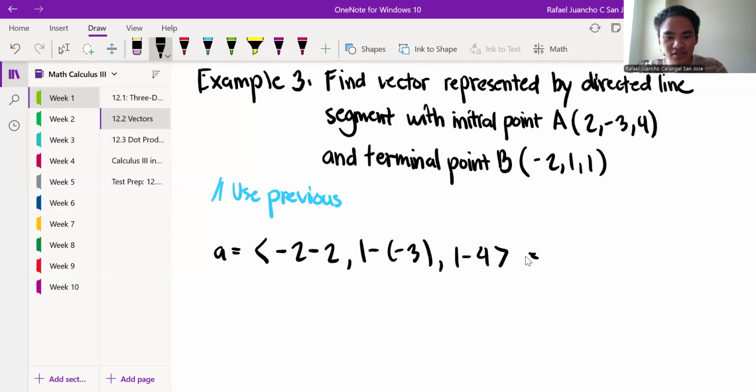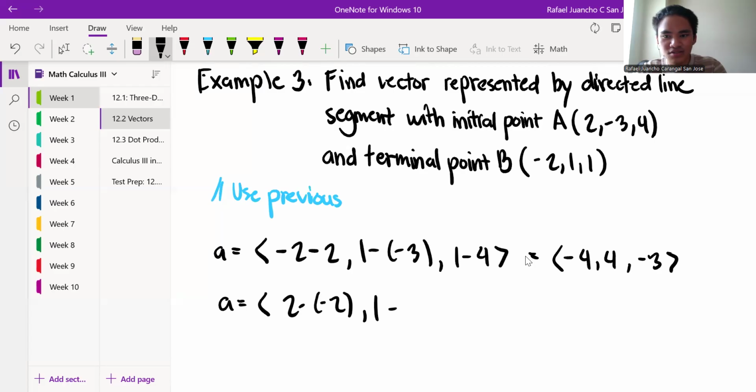Then that's going to be, without the absolute value, -4, 4, -3. Now, if I did it the other way, which was 2 minus -2, -3 minus 1, yeah, because I was wondering why the signs were flipped around, and then 4 minus 1. Here I'm trying A minus B.